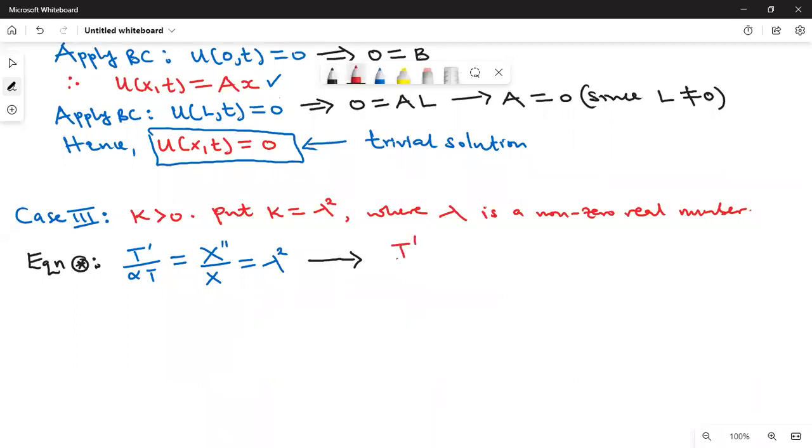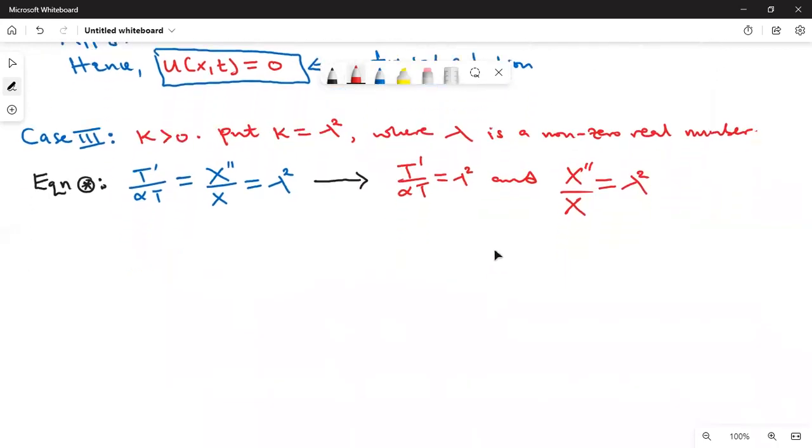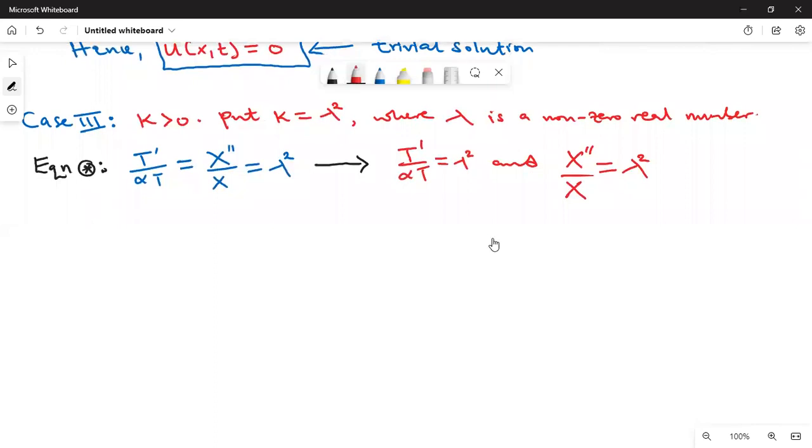T prime over alpha t is equals to lambda squared, and x double prime over x is equals to lambda squared. We have two equations to solve. So these ones are a system or a set of two ODEs.